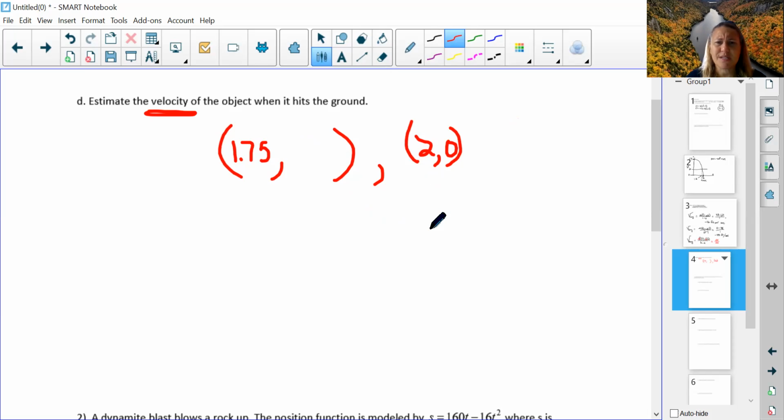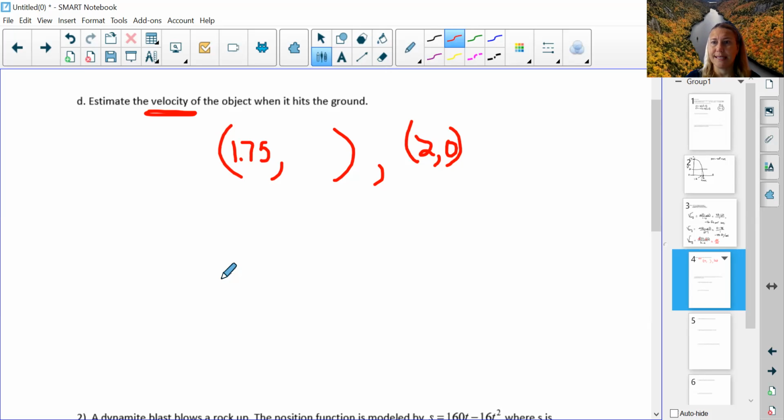So what's a value that's really close to 2? Like I said, that's a subjective term. But could someone get closer to 2 than 1.75? If we were in class, somebody would raise their hand and say, how about 1.9? Then I'd say, who can get closer than 1.9? Someone would say 1.99.